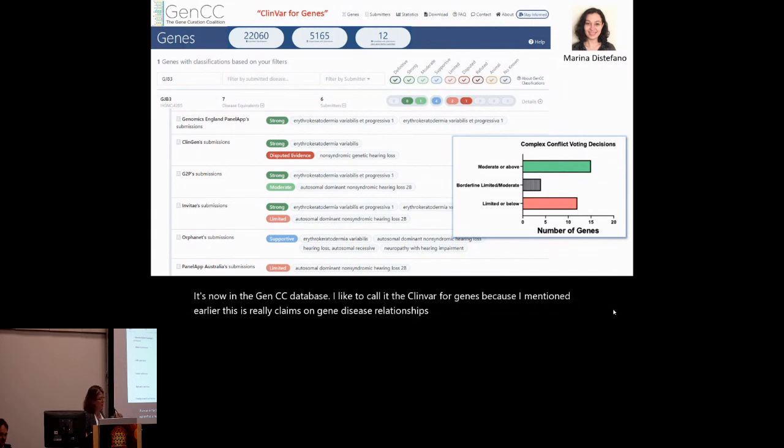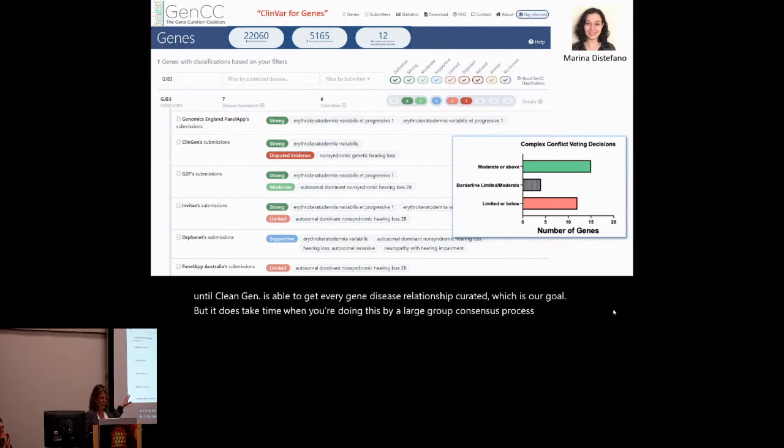And to date, we have 22,060 claims on 5,165 genes from 12 different submitters. So it's a fairly large data set. It's tenfold larger than what ClinGen has done to date. So it's a way to kind of crowdsource the problem until ClinGen is able to get every gene disease relationship curated, which is our goal, but it does take time when you're doing this by a large group consensus process.